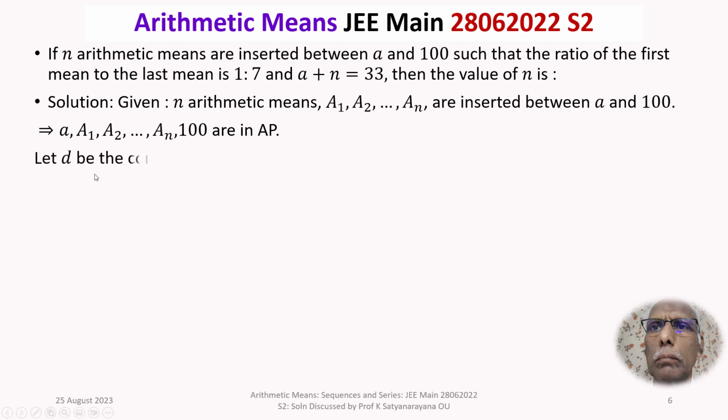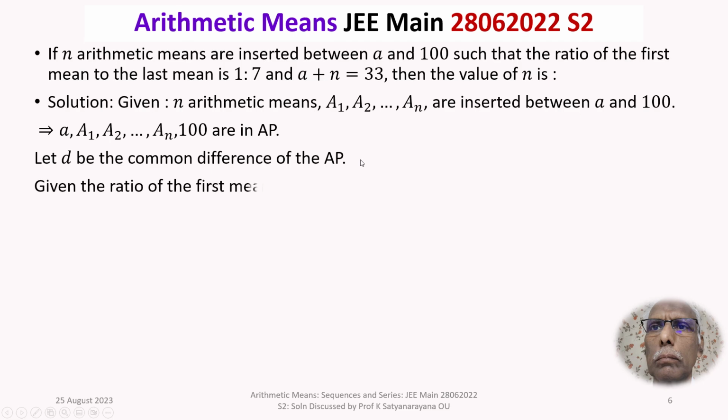Let d be the common difference of the above arithmetic progression. We are given the ratio of the first mean, that is A1, to the last mean, that is An, is 1:7. This implies A1 by An is equal to 1/7.